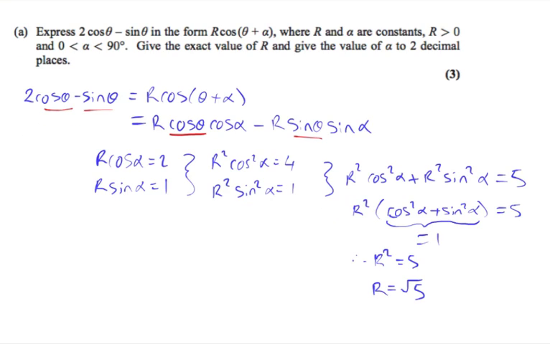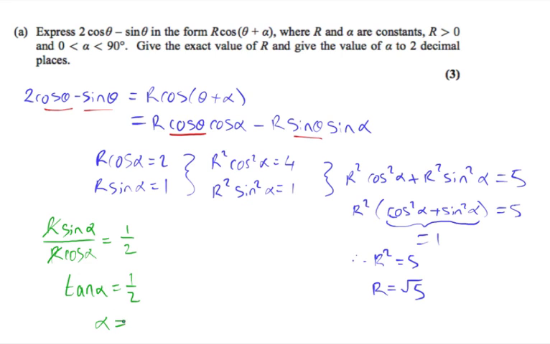To find the value of alpha, we can divide the second equation by the first equation to get r sine alpha over r cos alpha equals 1 divided by 2. The r's cancel out, and remember the identity sine alpha over cos alpha gives us tan alpha equals a half.